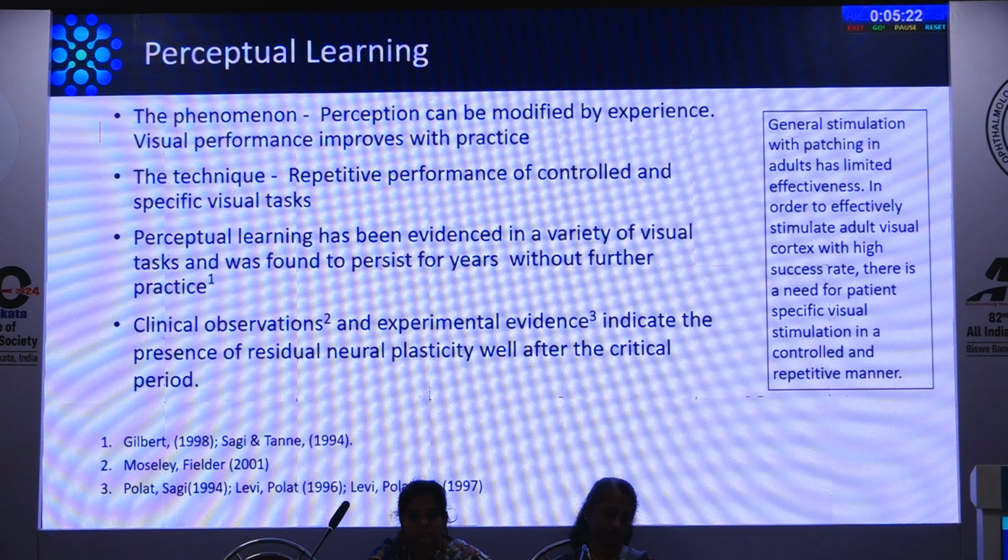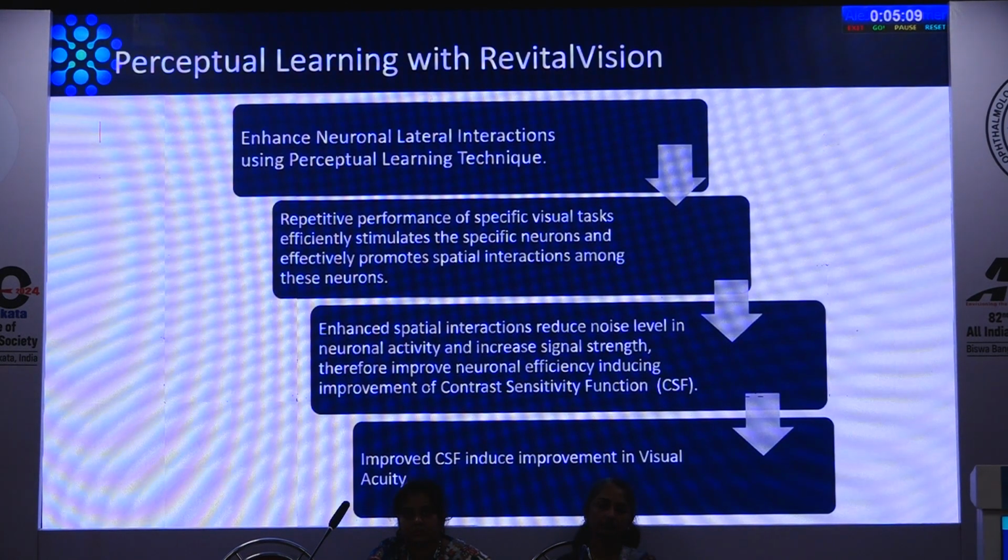So actually, in order to effectively stimulate the adult visual cortex for a high success rate, there is a need for patient-specific visual stimulation in a controlled and repetitive manner. So you enhance neural lateral interaction using the perceptual learning technique.